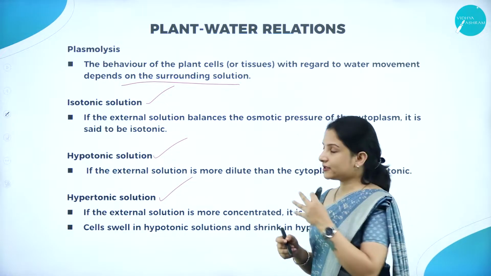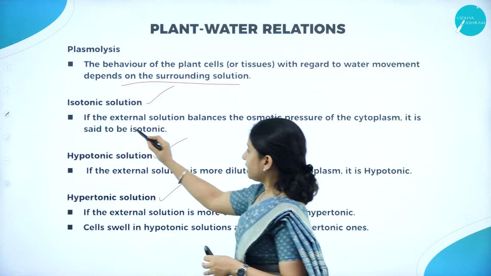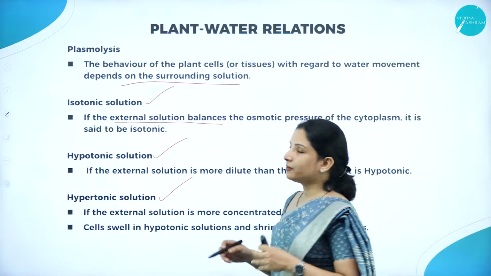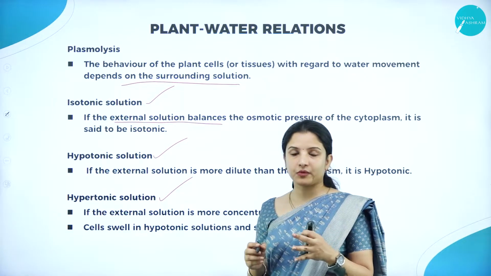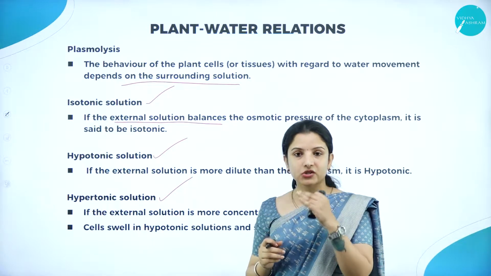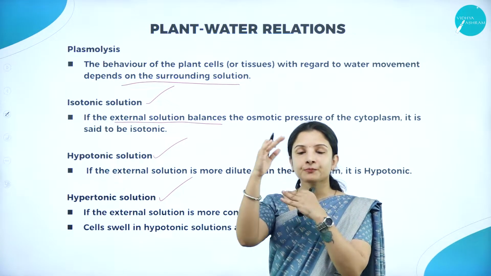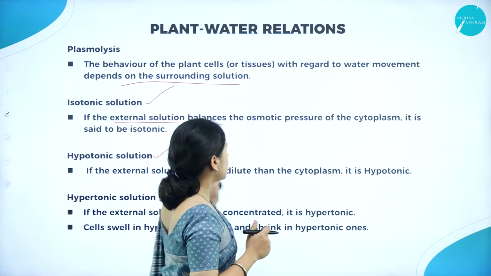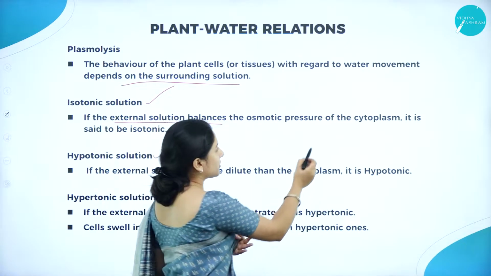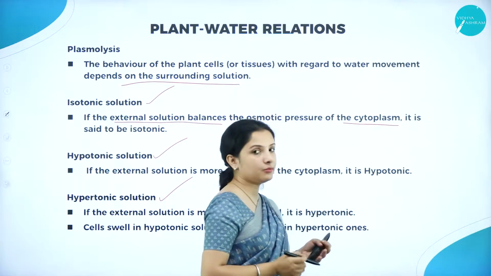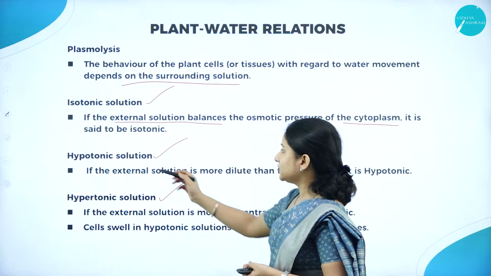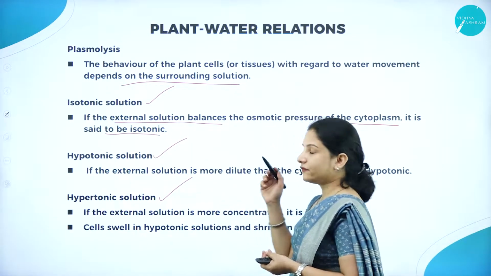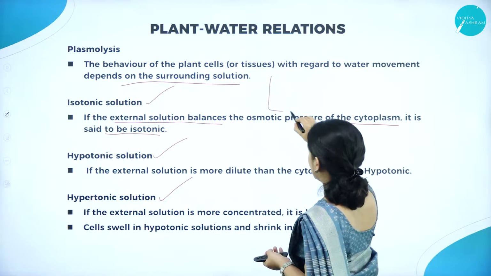In the case of an isotonic solution, the external solution balances the osmotic pressure. If the osmotic pressure has to be balanced, then both solutions should be of the same concentration, right? If it balances the osmotic pressure of the cytoplasm, it is said to be isotonic in nature. For example, I'll take a beaker.